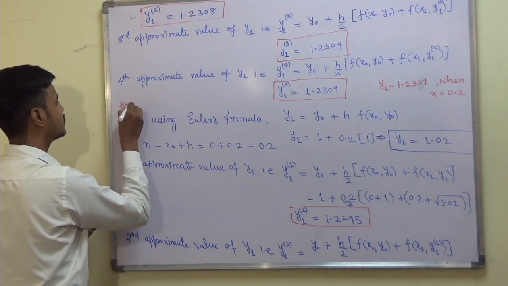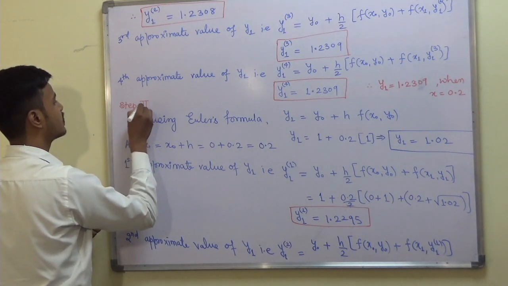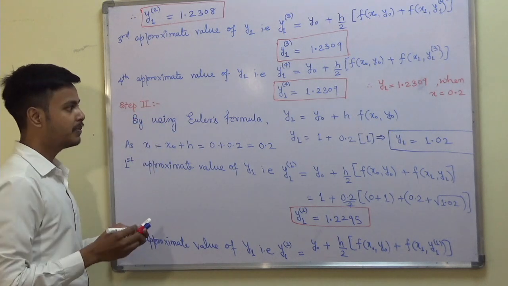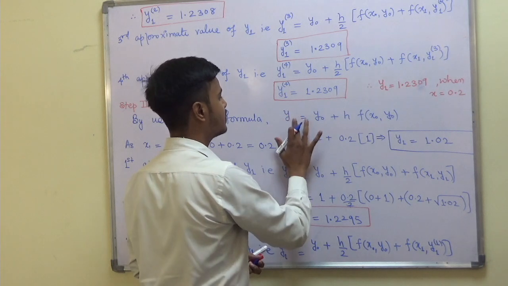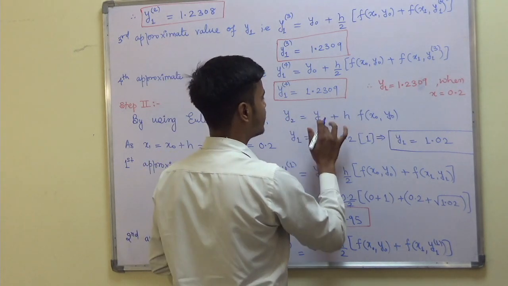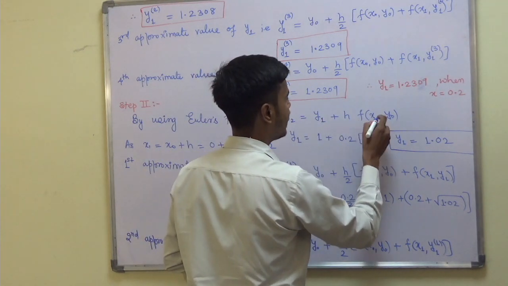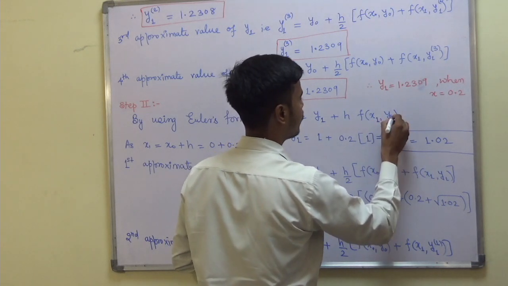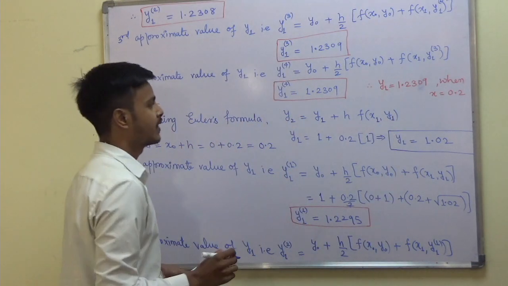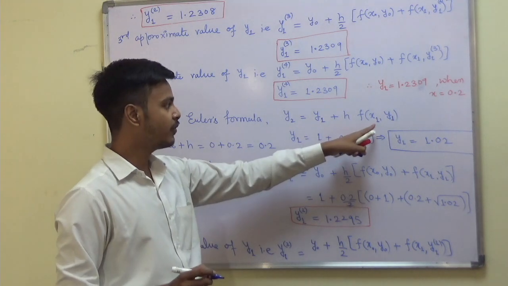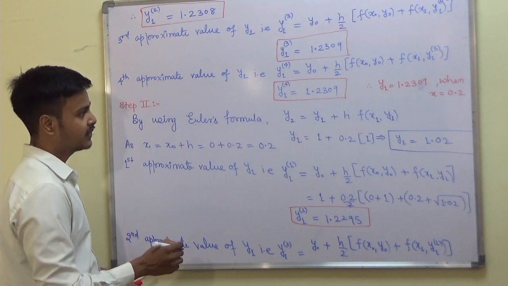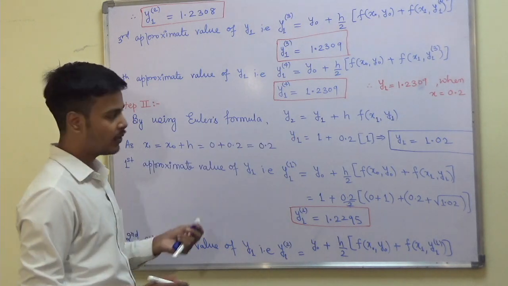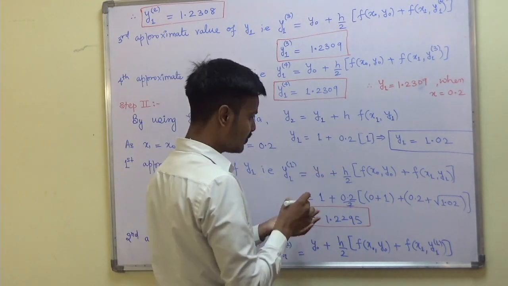Now step 2. So in step 2, what would be Euler's formula? Just increment the suffixes by 1. So it should be y2, this should be y1, x1, y1. Okay, and for this what do we want? We want x1. No, we already have x1. Okay, now substitute the values.